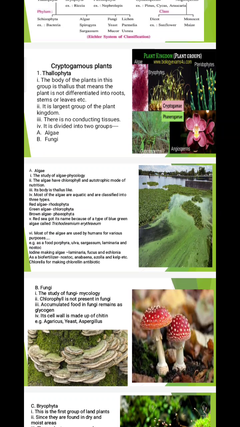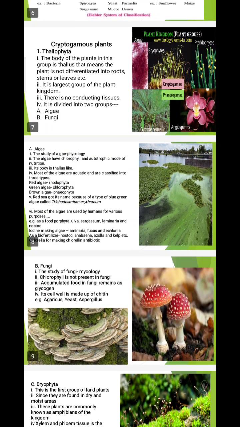Besides these three, some other groups are also present. As you know, the Red Sea got its red color due to the presence of the alga Trichodesmium erythraeum, which is present in this sea. That's why this whole sea bears the red color.